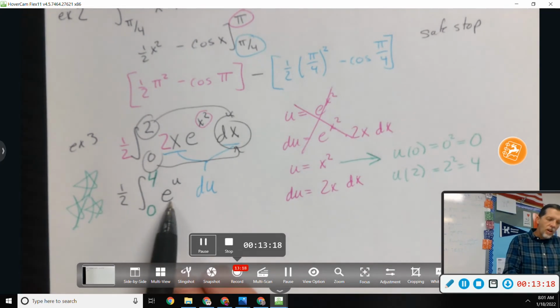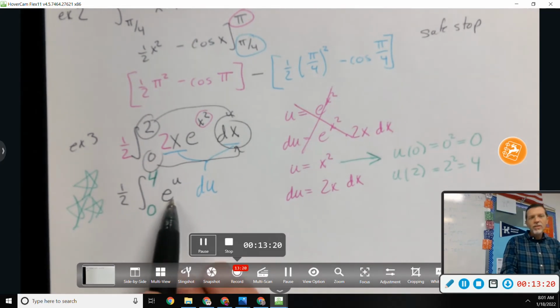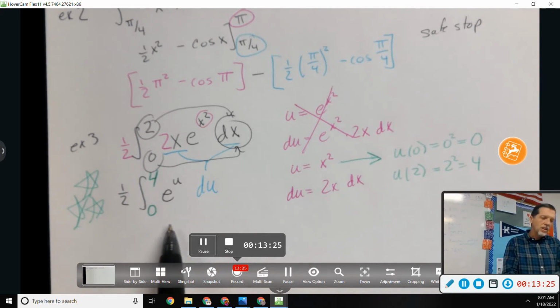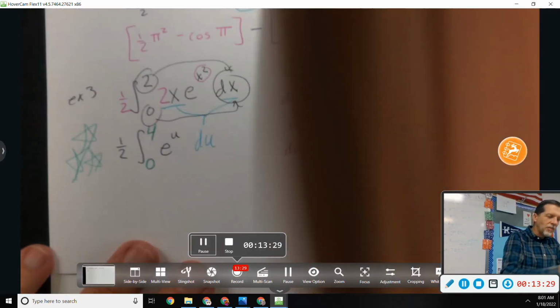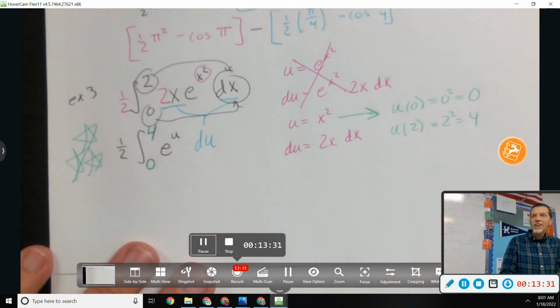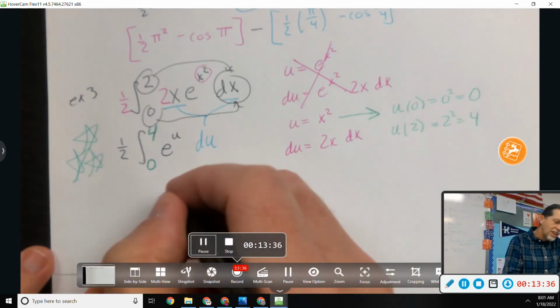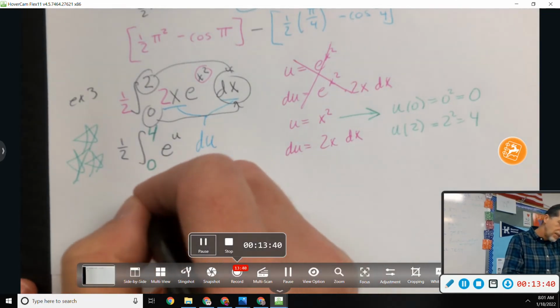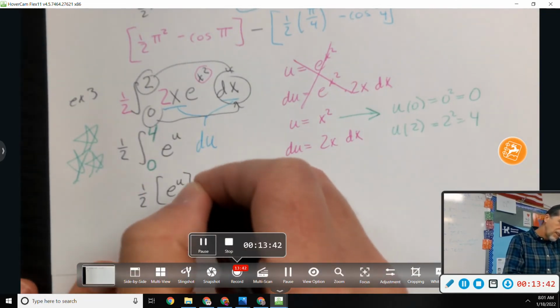All right, how about what's the antiderivative of e to the u? Been too long. This is our favorite one. The antiderivative of e to the u is e to the u. Still have the 1/2 out front. 0 and 4.